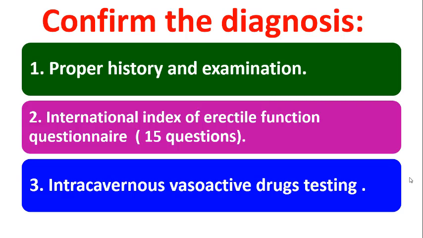Also, you can use intracavernous vasoactive drug testing. Vasoactive drugs are a group of drugs that, when injected into the corpora cavernosa, can induce artificial erection and are used to confirm the diagnosis of erectile dysfunction.